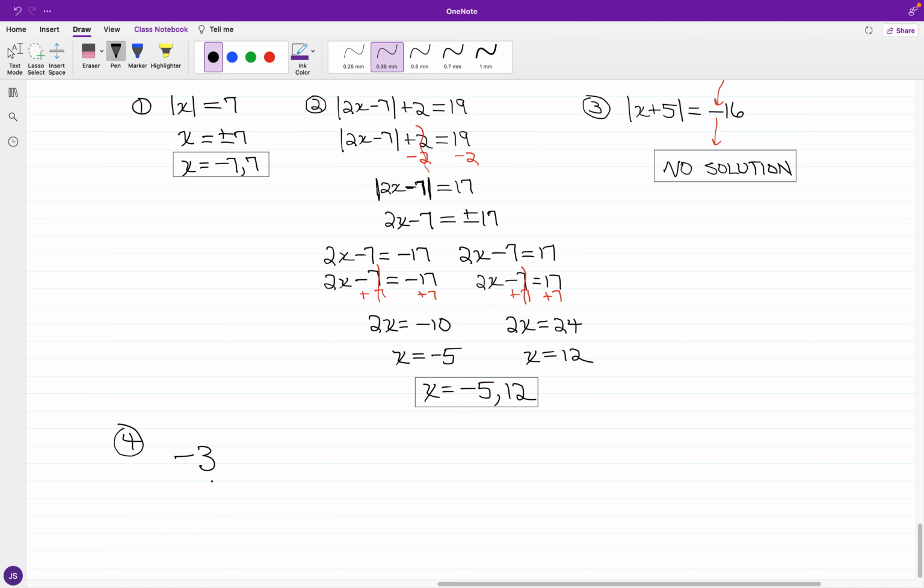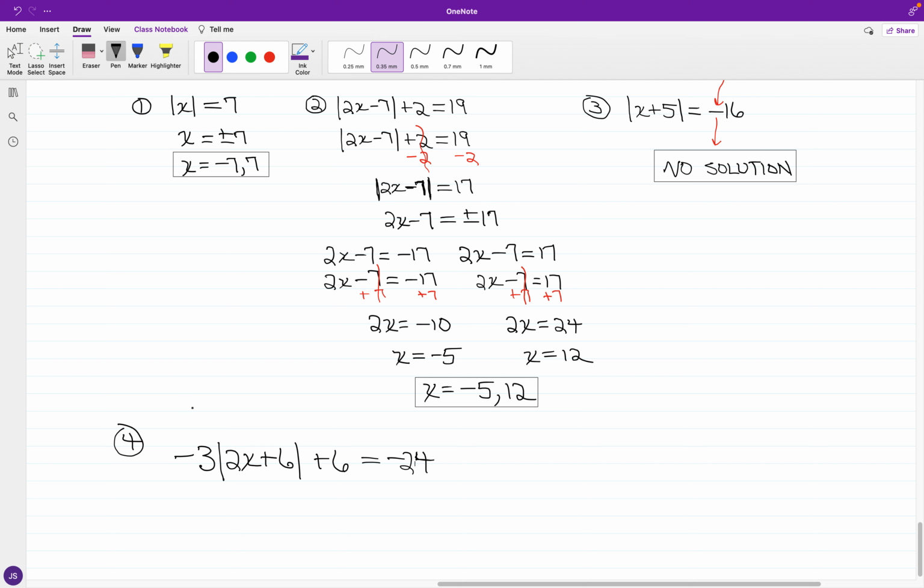So just to bring up, let's say I have negative 3 times the absolute value of 2x plus 6, followed by the addition of 6, is equal to negative 24.